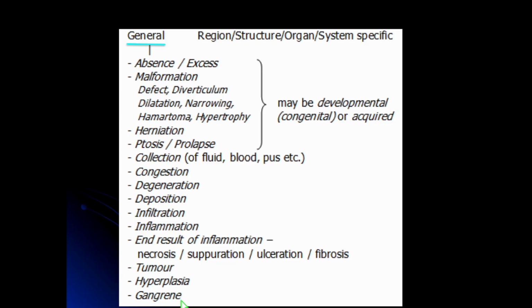Malformation may result from structural defect, formation of diverticulum, dilatation or narrowing which affect essentially the tubular organs, hamartoma or hypertrophy.